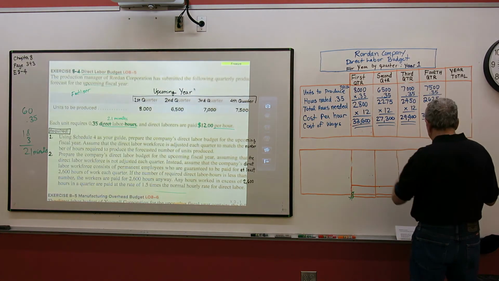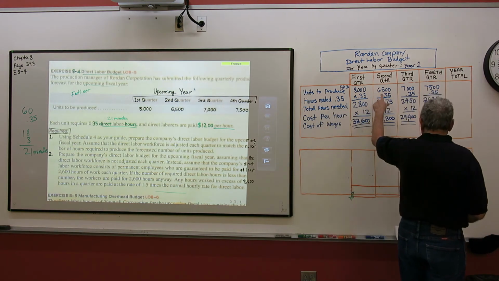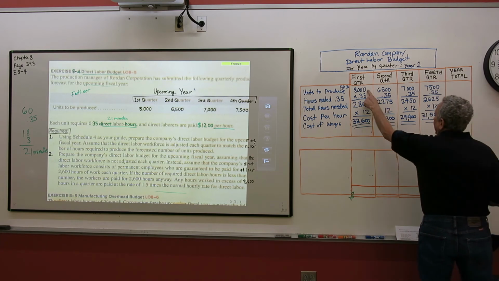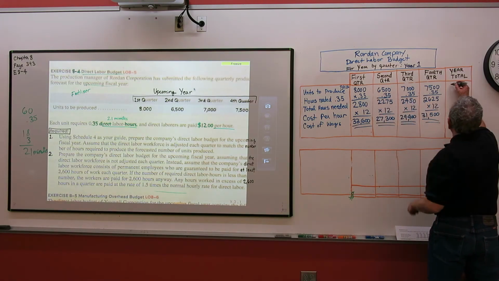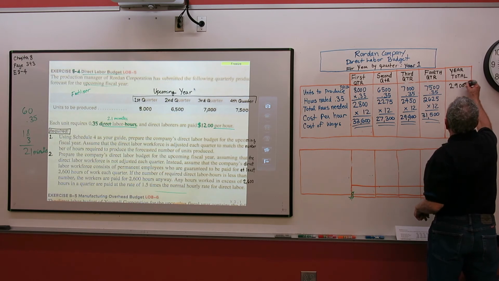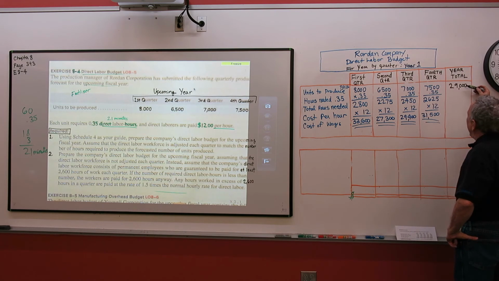Anyway, now let's do the total for the quarter. Now, can we add all these up? Yes. 8, 6 is 14, 7, 7.5, this one I do know, 29,000. So if you add that across, you get 29,000 bags of fertilizer you're going to make. And it takes 0.35 of an hour to make a bag of fertilizer.